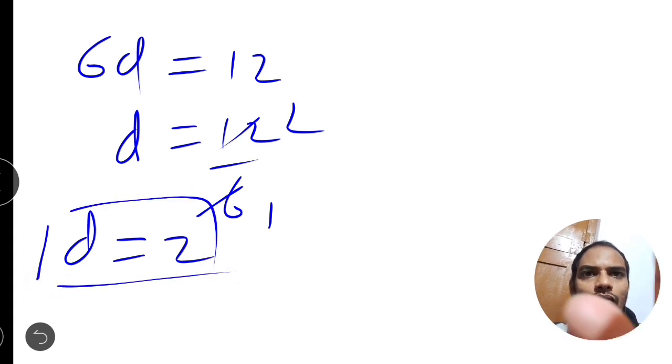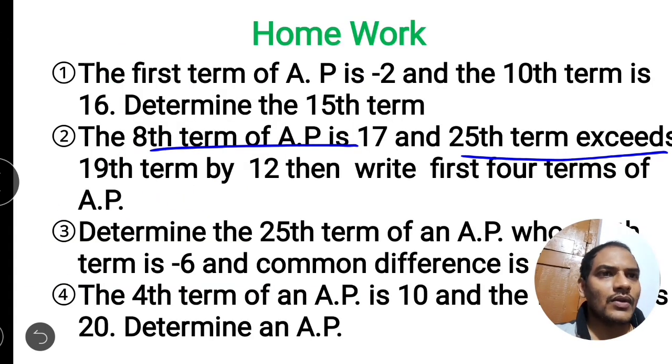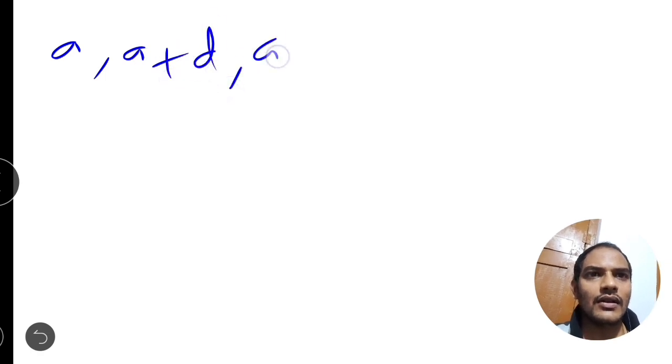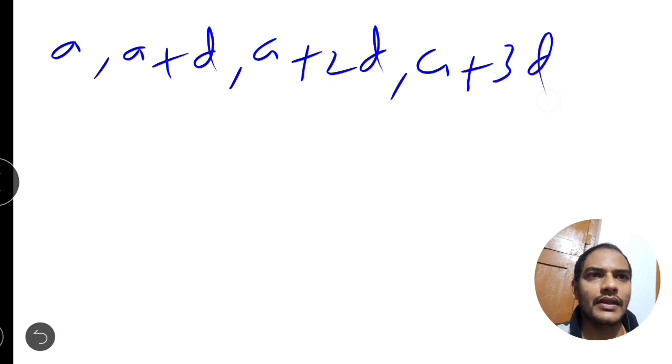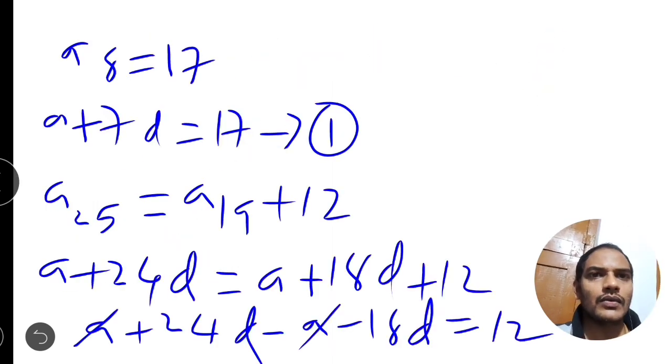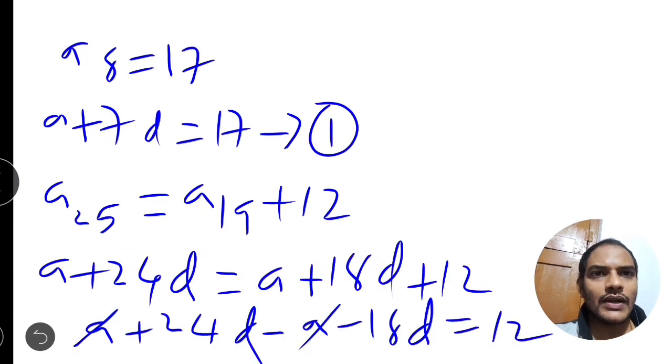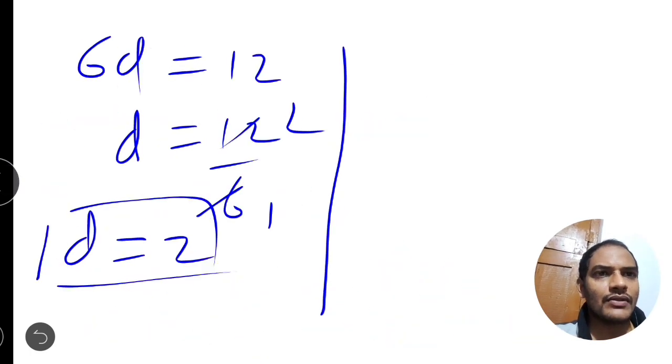D value 2. Now write the first 4 terms of AP. The first 4 terms of AP are A, A plus D, A plus 2D, A plus 3D. But the A value is not completed, so let us find the A value using equation 1.